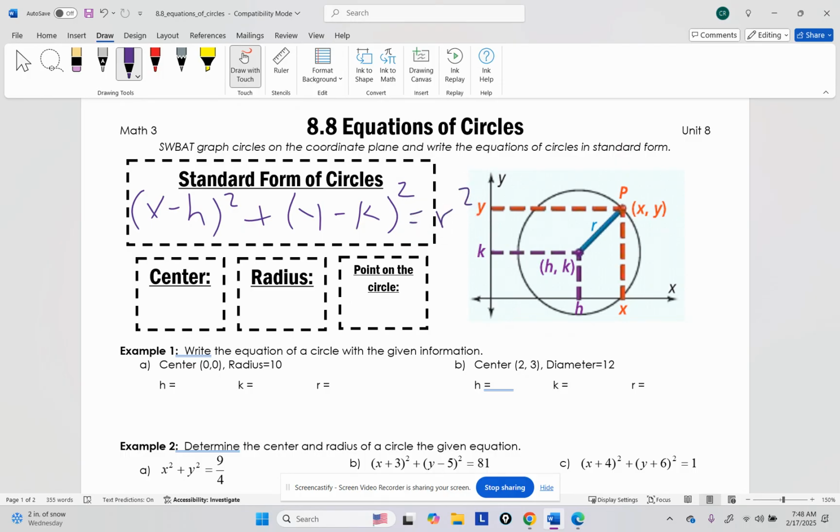So your equation of the circle is x minus h squared plus y minus k squared equals r squared. Okay? And to find the center of a circle, it will be h, k. The radius is r. And a point on your circle will be x and y.